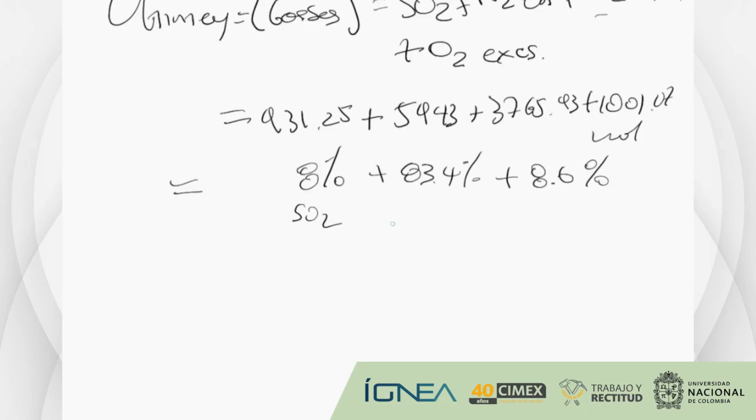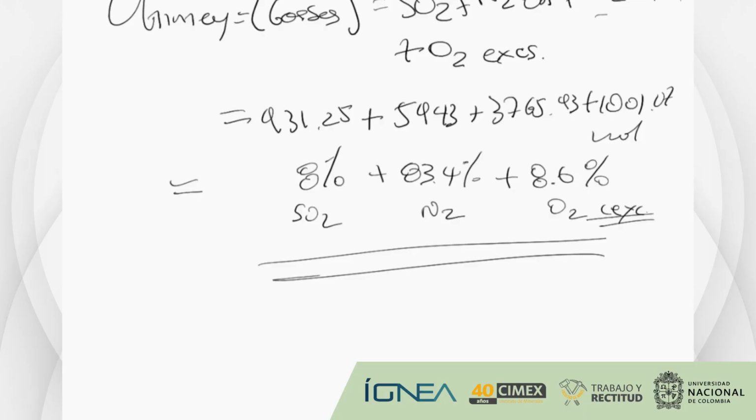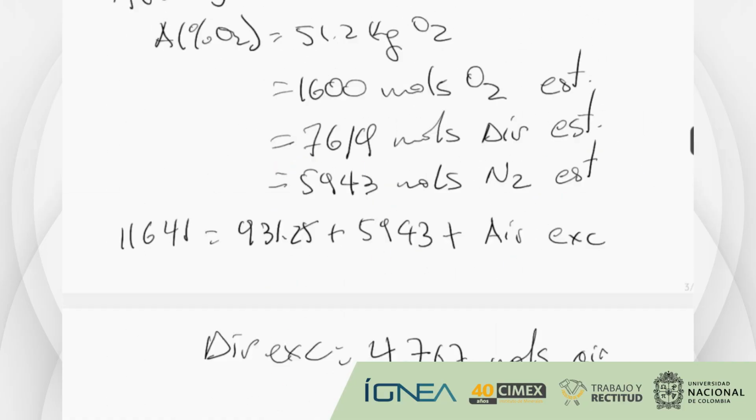This is SO2, this is nitrogen, and this is oxygen in excess. Okay, this is the final result. The final result of the problem. In this sense, this is the answer we are looking for. And in this way, we finish the exercise.